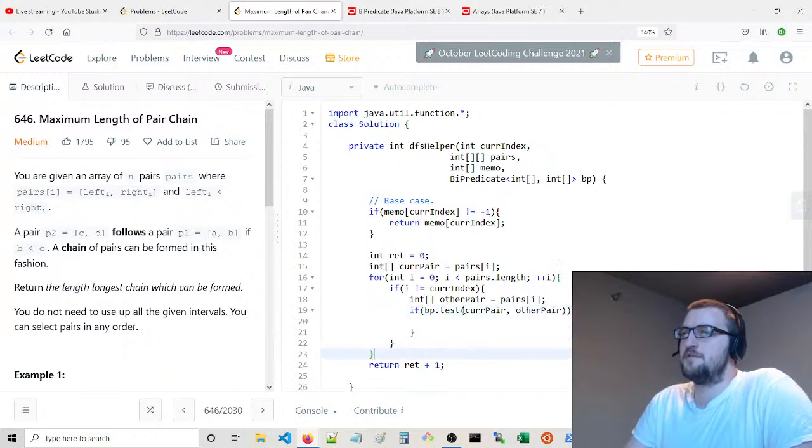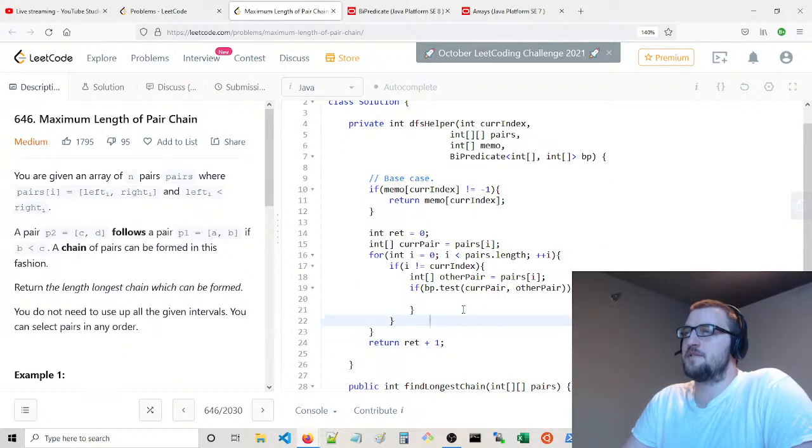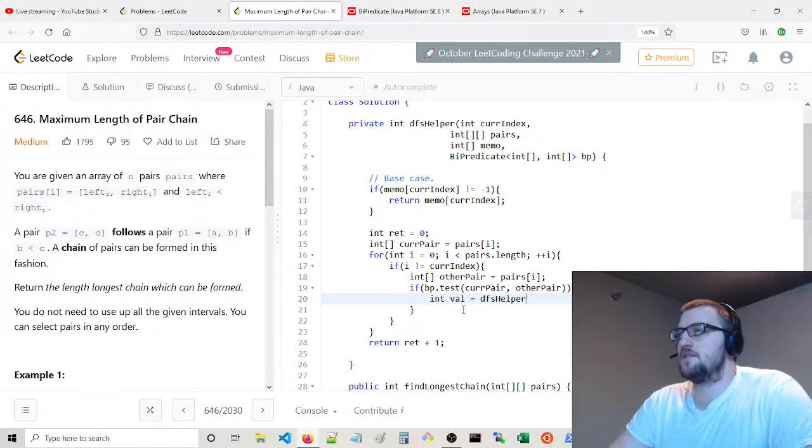If that's true, then we're going to say value is going to be DFS helper of current index now is I, and pairs is the same, memo is the same, BP is the same.